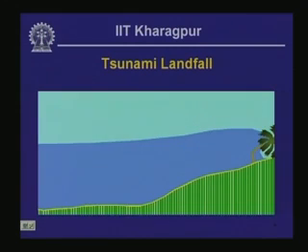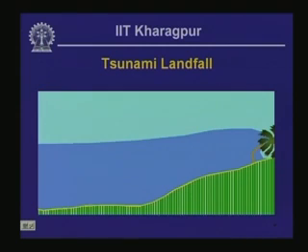So this is not one of those typical waves associated with wind, in which you see a number of breakers. On the other hand, in this particular case, you have got sort of a wall of water, a high wall of water that approaches the shoreline.